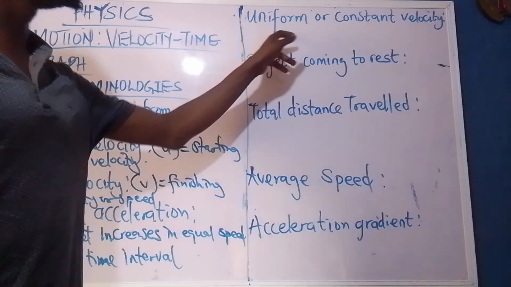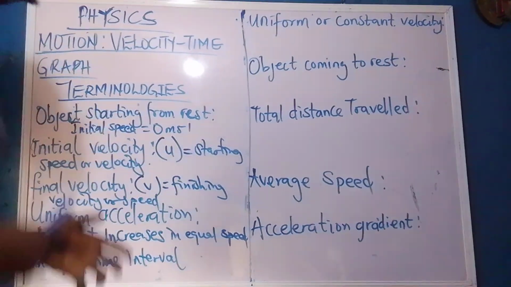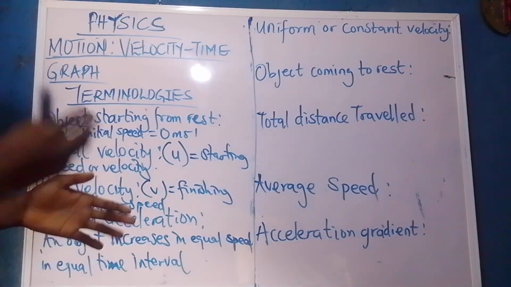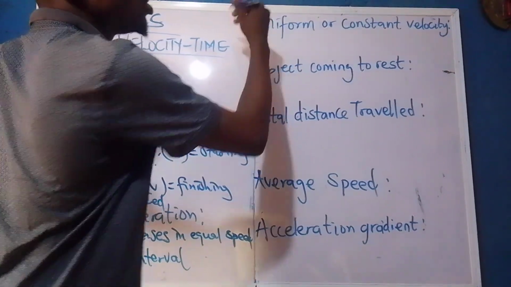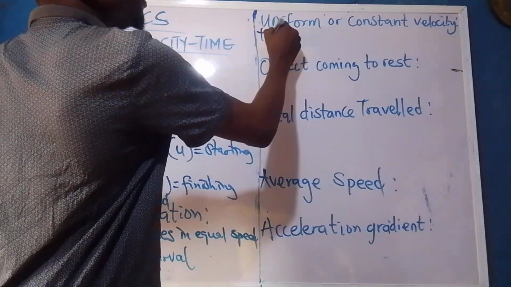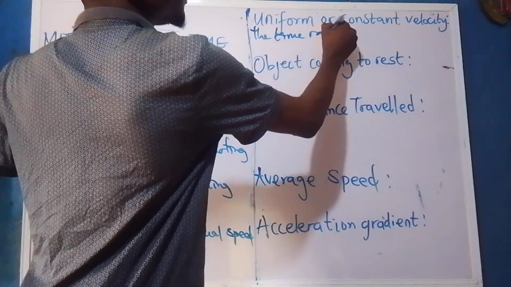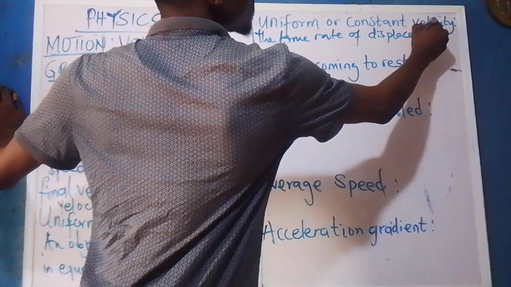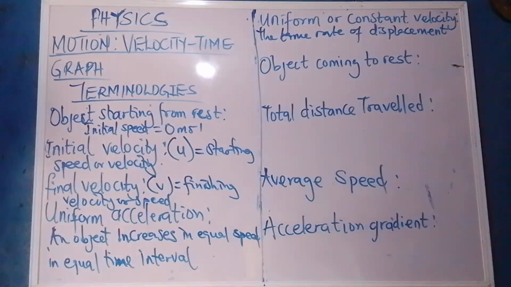Now the next one is uniform or constant velocity. When you talk about uniform or constant velocity, it is when an object covers equal displacement in equal time intervals. You can also call it the time rate of displacement. That's what we call uniform or constant velocity.